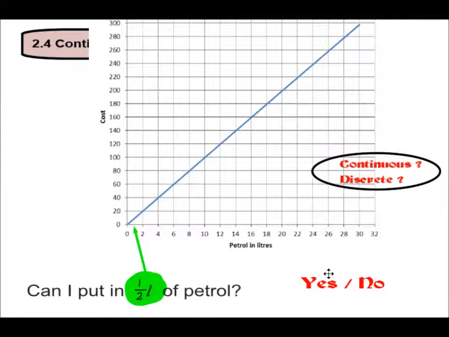You wouldn't put in half a liter of petrol, but sometimes when you fill up, I know that I've put in 46.3 liters. So we can get a fraction of a liter of petrol. As soon as we can get a fraction of a liter of petrol, our data is then continuous, not discrete. And so the line is continuous, because anywhere along this line, if I had 8.5 liters of petrol, I would be able to determine the cost for that.